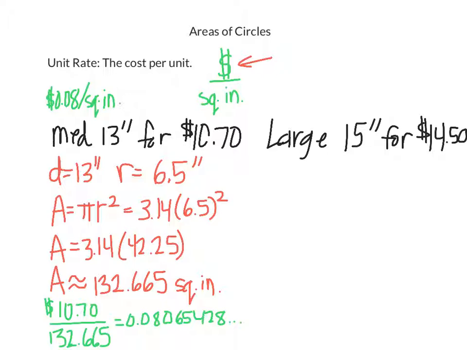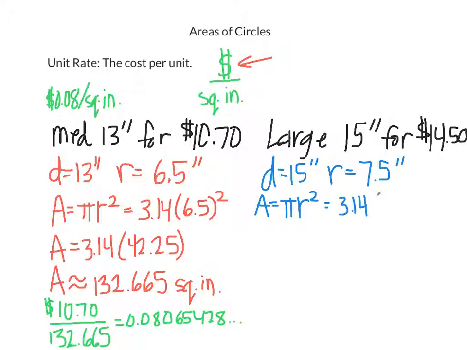Alright, so let's look at the large. The diameter is 15 inches. Therefore, the radius is 7.5 inches. So area equals pi times radius squared, which equals 3.14 times 7.5 squared, which means times itself.